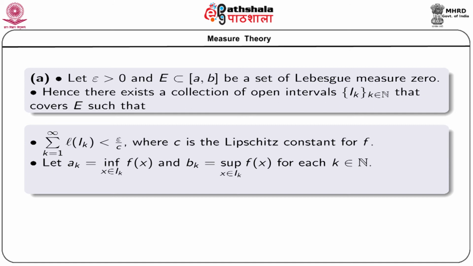Let a k be the infimum of f x, where x runs over I k, and b k be the supremum of f x when x runs over I k, and this is for each k belonging to N. Obviously, f of I k is a subset of the interval a k b k, and this is true for each positive integer k.